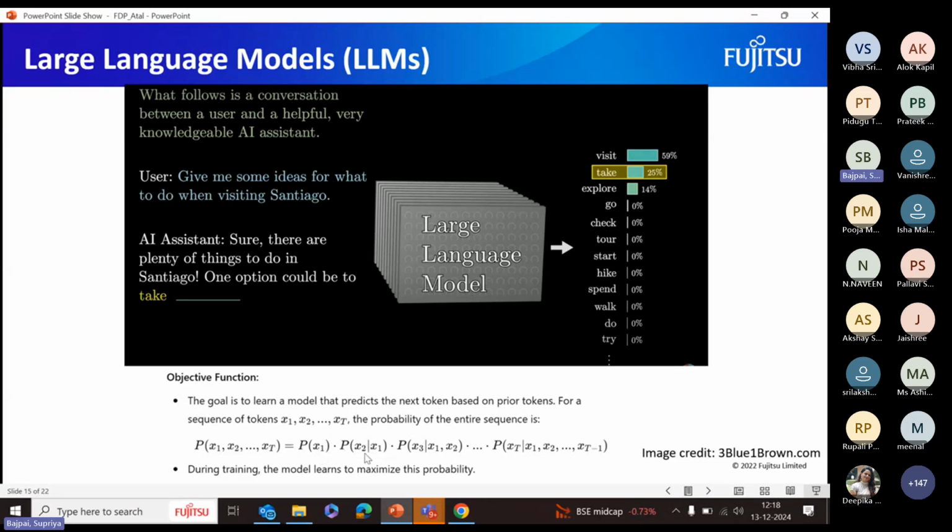Then given x1, what is the probability of the next word x2? What is the probability of x2 given x1? Then the probability of x3 given x1 and x2, and so on, up to given x1 through x(t-1), what is the probability of the next word, xt? It is calculated like this. During training, the model learns to maximize this probability.